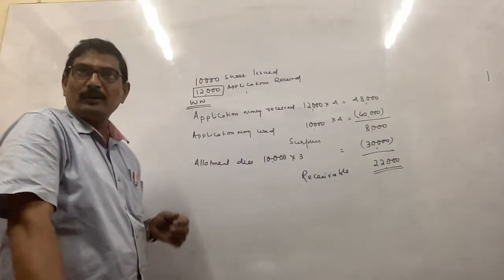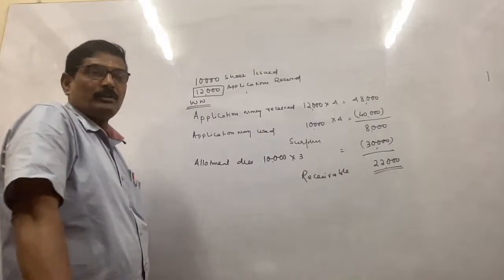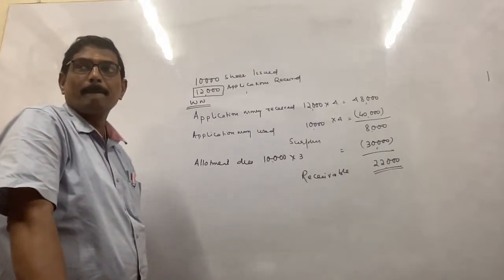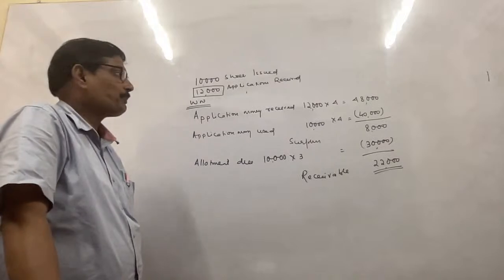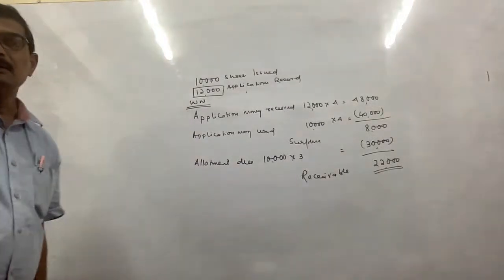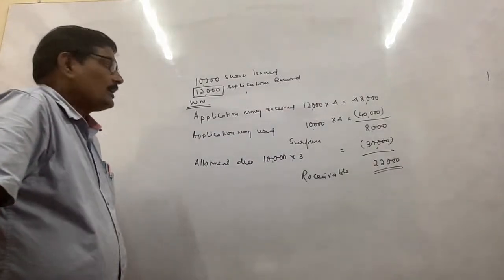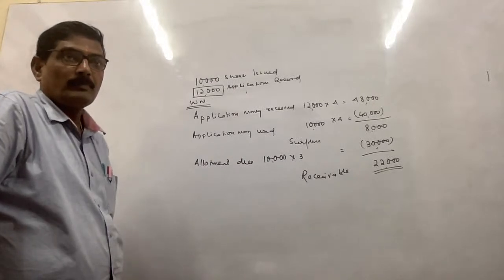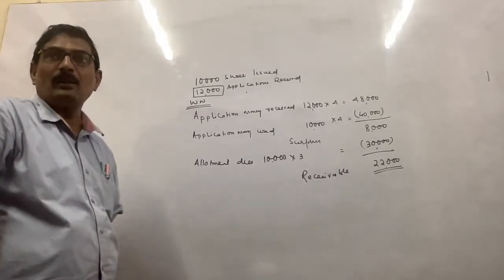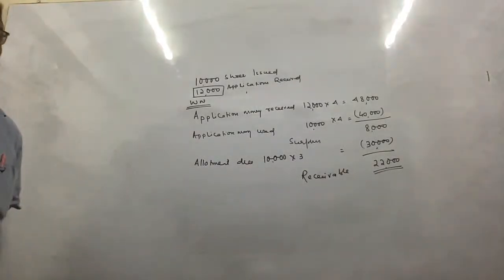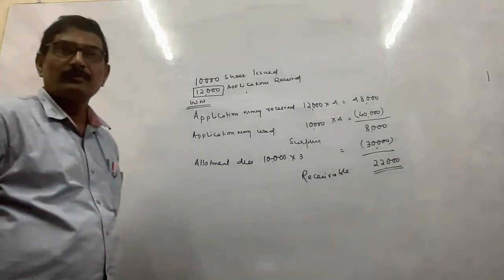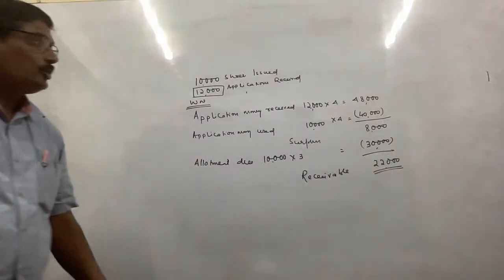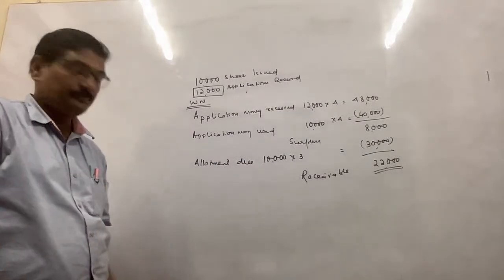Thereafter, for transfer of application money, the entry will be share application account debited to share capital account 40,000, to share allotment account 8,000.